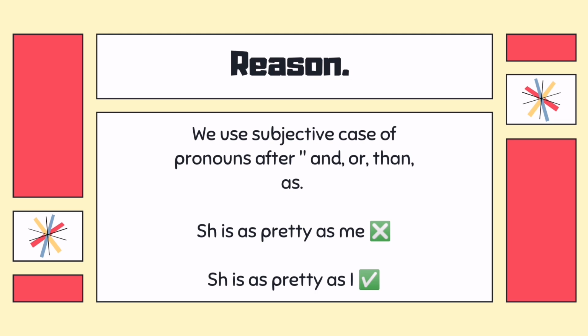Similarly, for comparison with than, we normally say he is taller than me. It is incorrect. The correct form of pronoun is he is taller than I. I is a subjective case of pronoun. So after than and as, we use subjective case of pronouns.